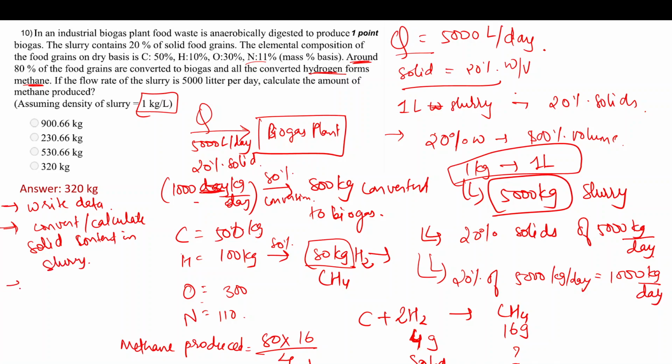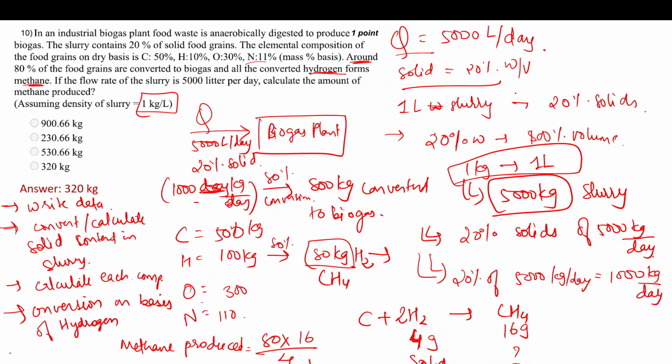Now from that, calculate each component, since the percentage of each component is given. After that, the conversion is given on the basis of hydrogen.